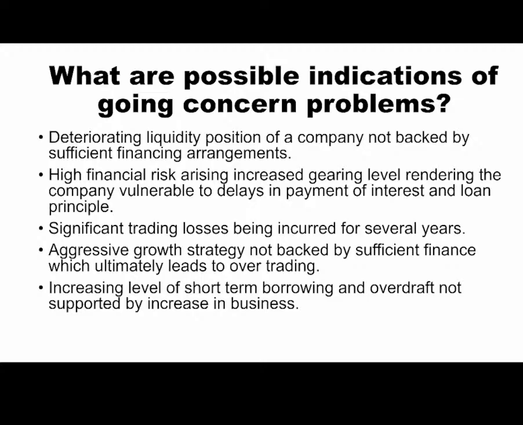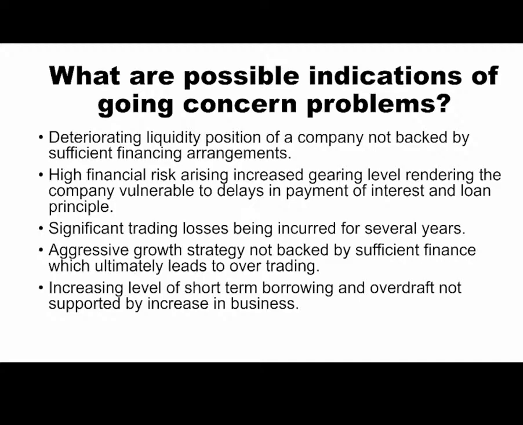We also have significant trading losses being incurred for several years. Then we also have an aggressive growth strategy not backed by sufficient finance, which ultimately leads to overtrading. Also, an increasing level of short-term borrowing and overdraft, not supported by increasing business.